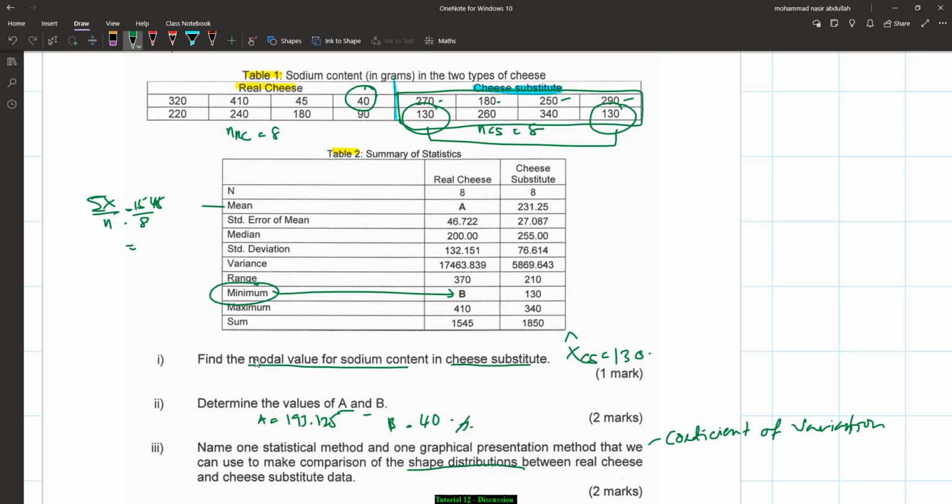The shape of distribution, right? Shape of distribution is not the coefficient of variation. Basically, coefficient of skewness, ataupun Pearson coefficient of skewness. And the graphical method will be box and whisker plot. Right? 2 marks.